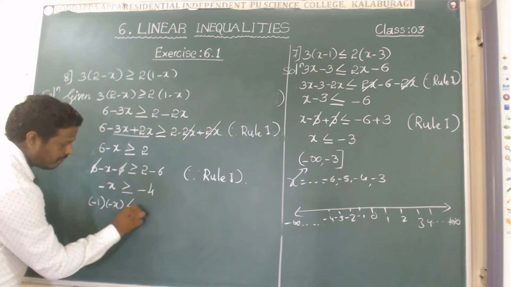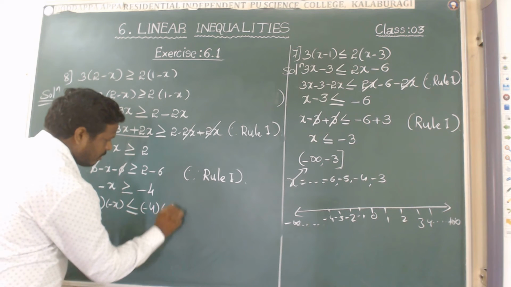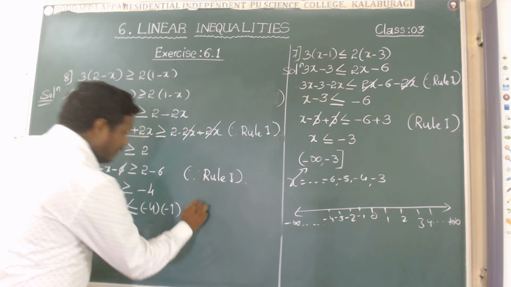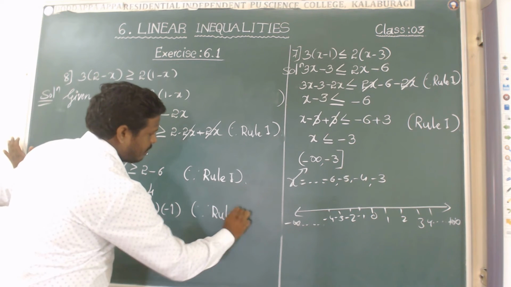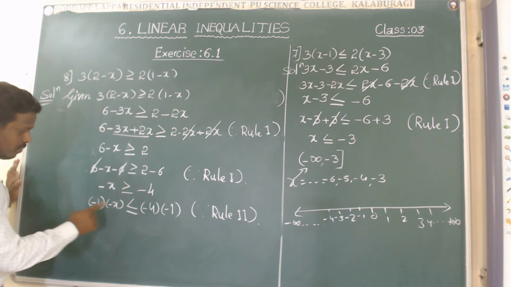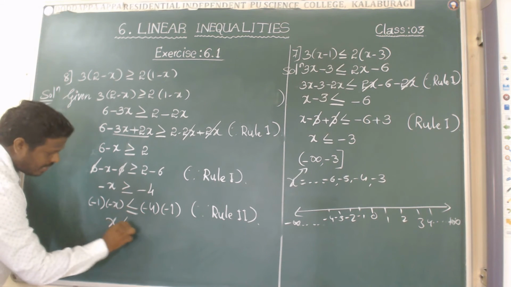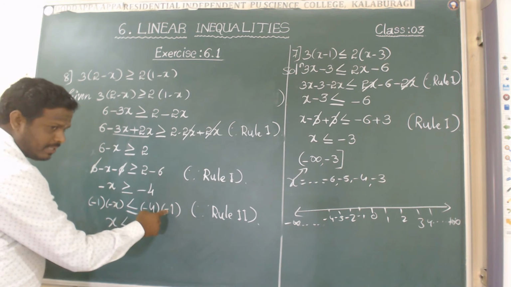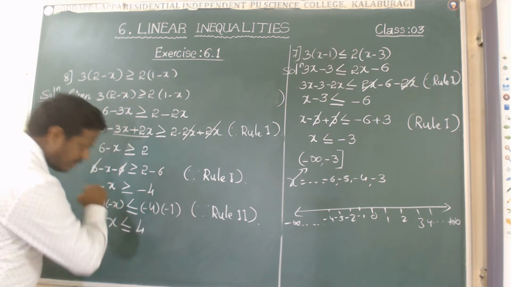The sign will be reversed because of the second rule. Now simplify: minus into minus is plus, 1 into x. Write the symbol in reverse order. And minus into minus is plus, 4 into 1 is 4.